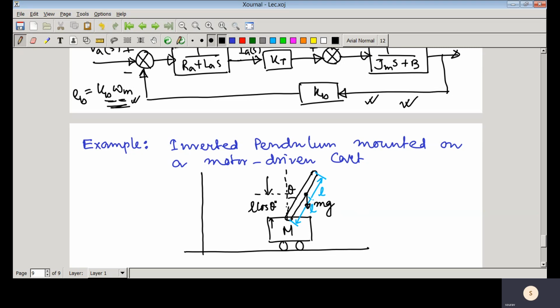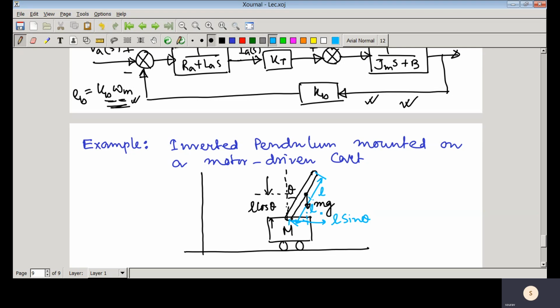And this length, the distance from this point to that point, is L sin theta.